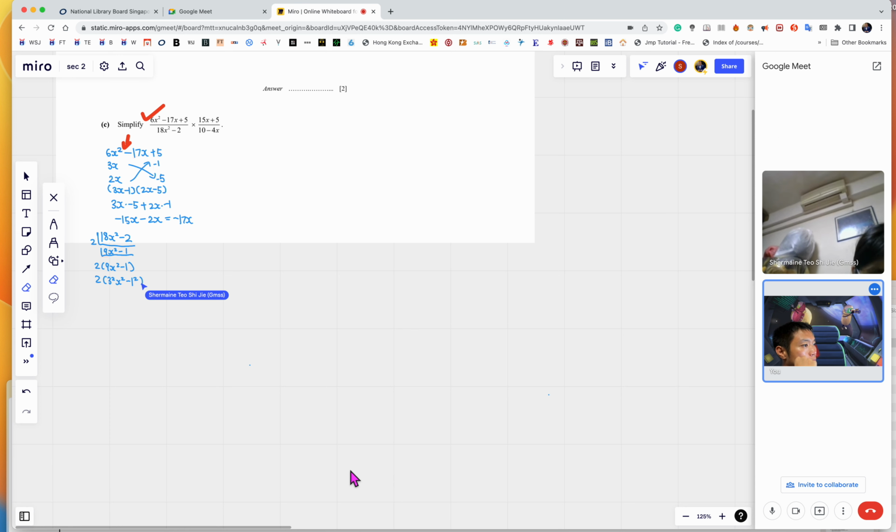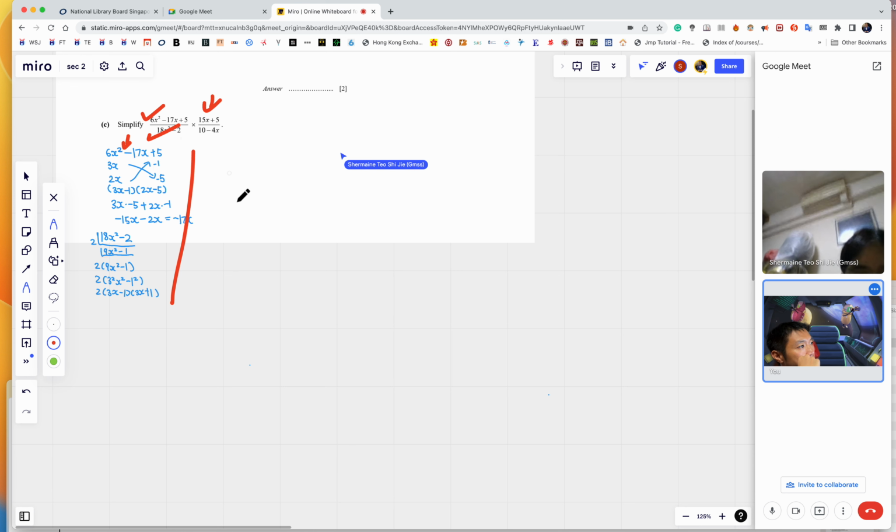Correct, square everything. This one done. So probably you can do it like this. Then now you are going to do this one. Yeah, you can do it here.